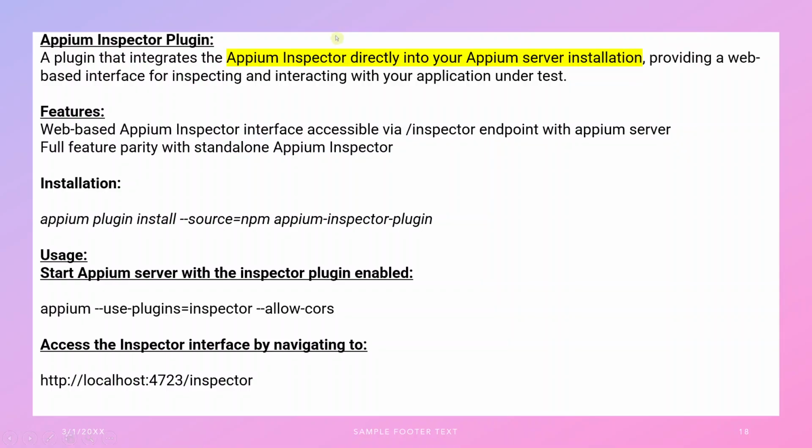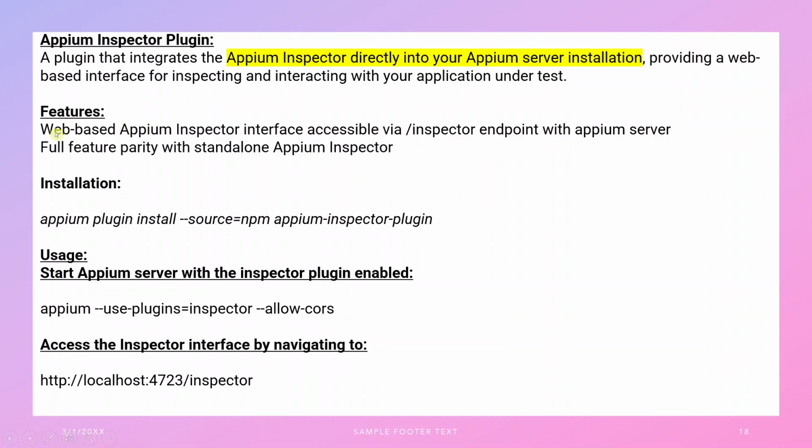It provides a web-based interface for inspecting and interacting with the elements in our AUT, that is the application under test. This is the use of this APM Inspector plugin.